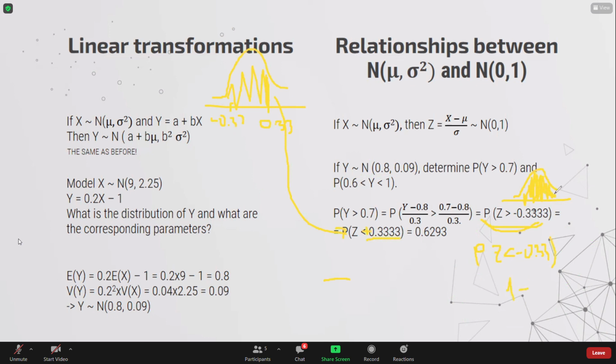The yellow area is in the table. So we have to take 1 minus 0.62. But we're interested in the bigger area, not the smallest one.